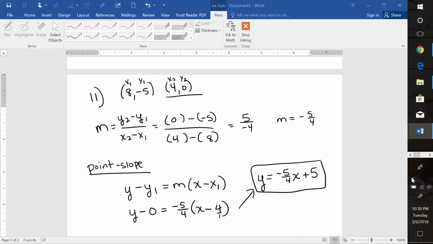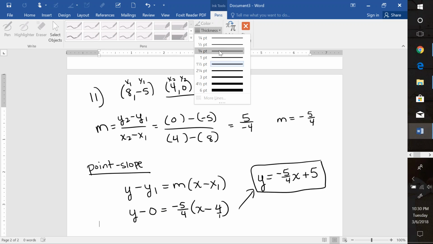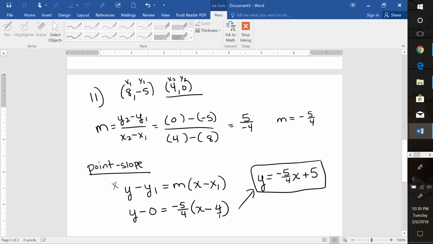Okay, so Journey, what do you mean by the final answer, like from the point slope part? Okay, so this is a formula that we use anytime we have a point and a slope. It is our gateway to getting a point and a slope to turn into an equation. This is the slope formula.